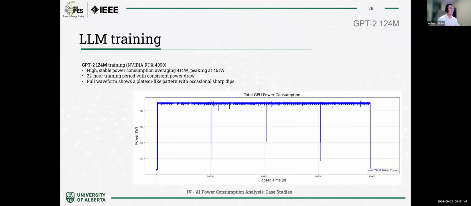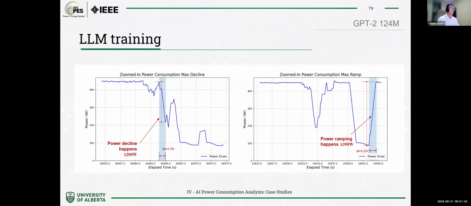This is very interesting and unique. If we zoom in, we can observe, just as with BERT but at a much smaller scale, the power decline happens within 2 seconds, and the power ramping happens on a similar time scale.